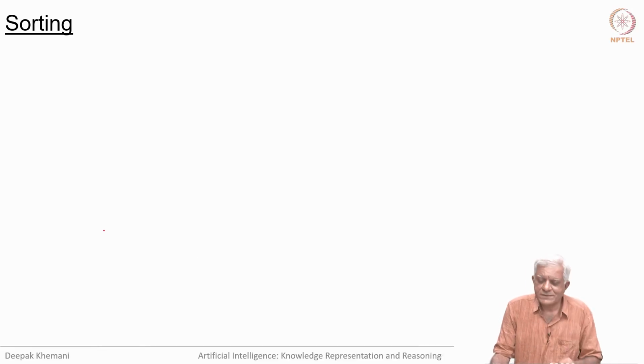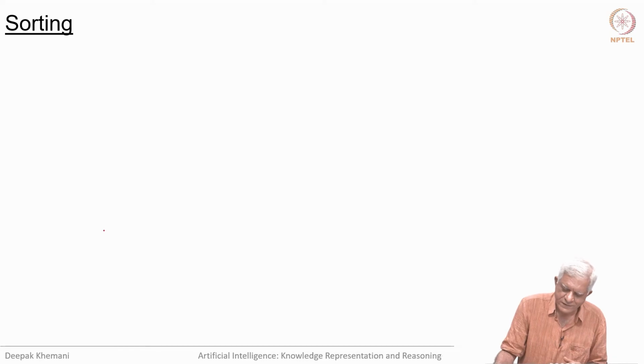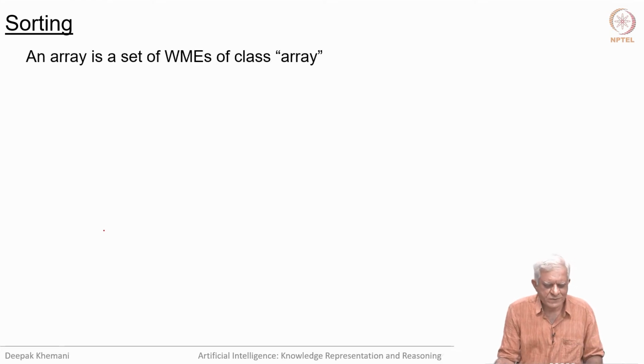So, let us look at this program called sorting. I am sure you have studied sorting and you have studied various algorithms for sorting. Here we are going to look at a program which is possibly the tiniest program you can write for sorting.